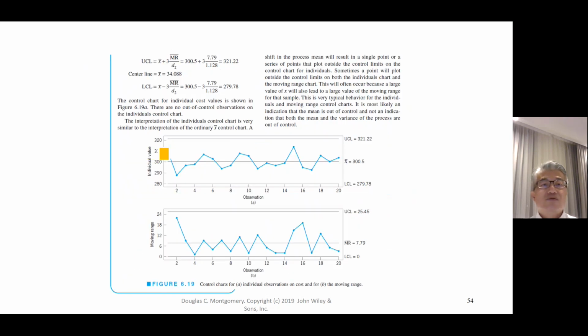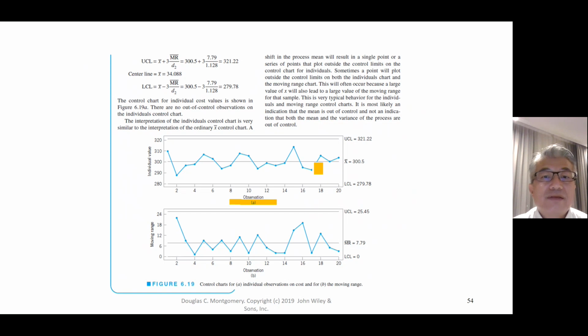So you can see the upper control limit and lower control limit for the observation, the individual deviation and individual observation on cost, and the moving range. The control chart for individual cost values is shown in Figure 6.19. In total you have 20.